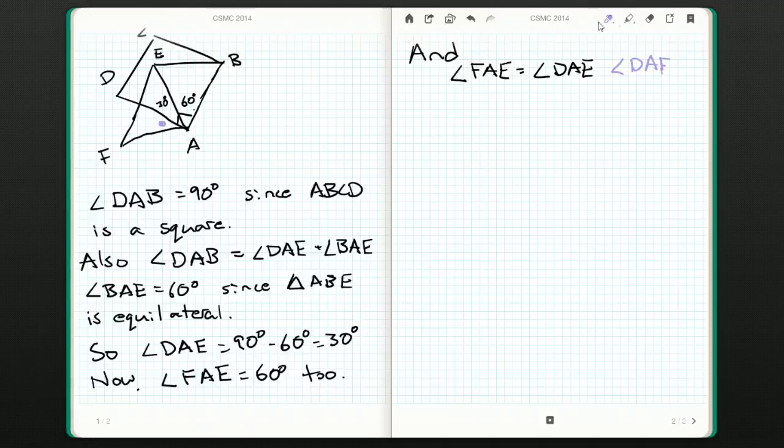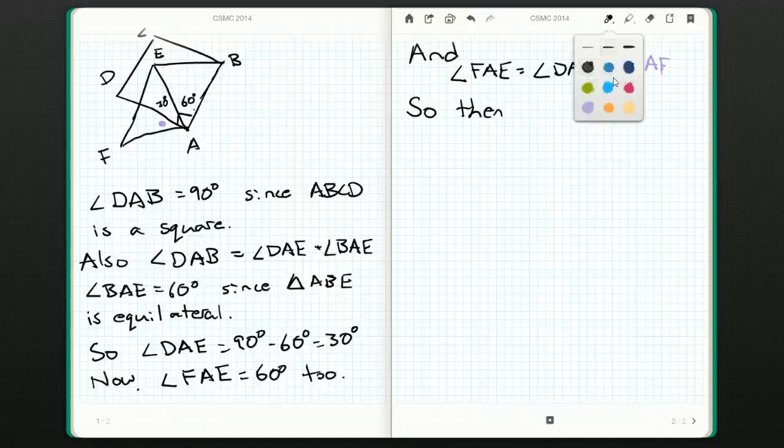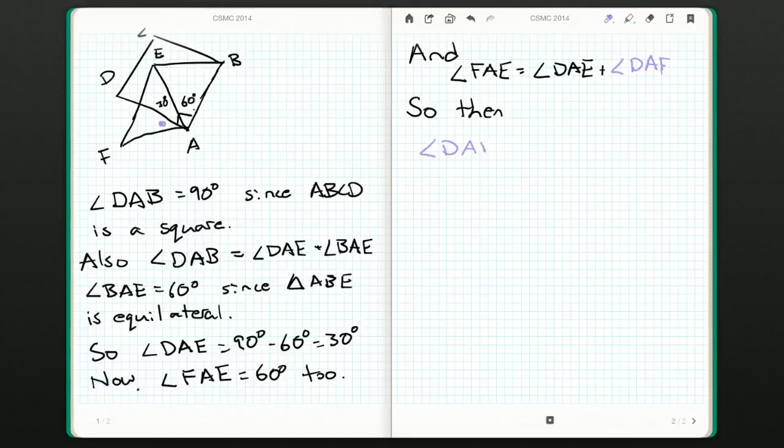That's why we're highlighting it again. What's the relationship? It's the sum. We can rearrange this equation and solve for DAF, which is exactly the one we want.